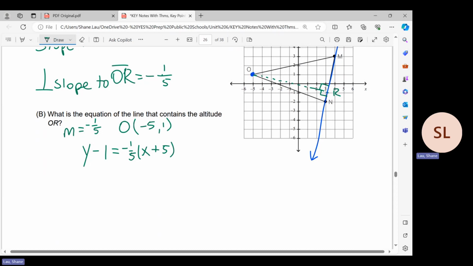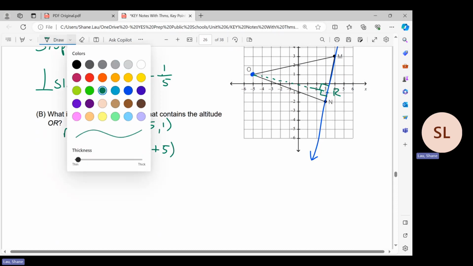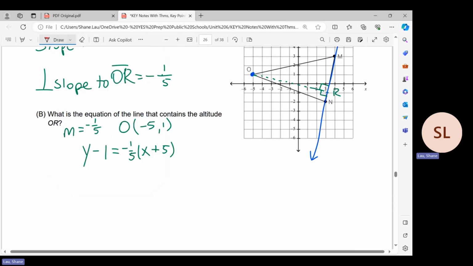It's still an equation. Now, for those of us who like having our slope intercept form, you can solve for that. That's perfectly fine. Distribute the -1/5 over. You get y minus 1 equals -1/5 x minus 1. Then we add the 1 on both sides.